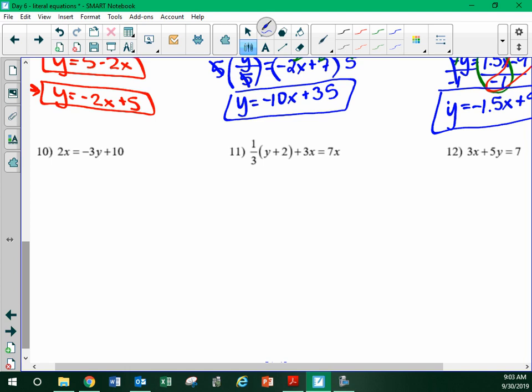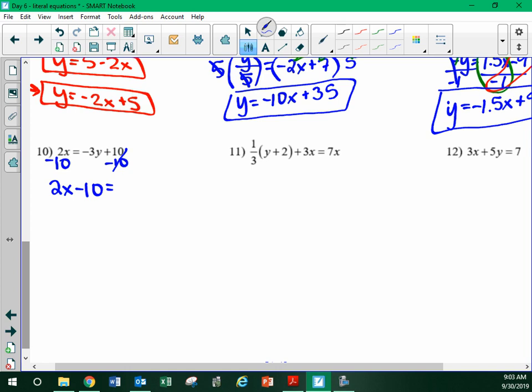Alright, 10 is not so bad. Again, we have to get y by itself. Now I have negative 3y plus 10. I want to get rid of my 10 first. Opposite of adding 10 would be subtracting 10. So 2x minus 10.